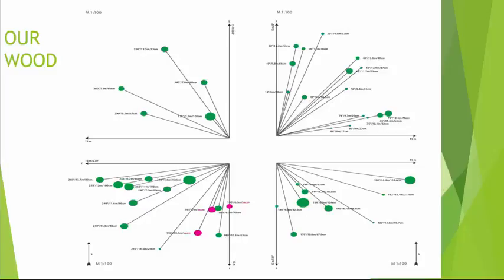And they made this map of the wood, and every tree is here what we measured in our pixel. And the green trees are the trees that are dominant, and the red ones are codominant trees.